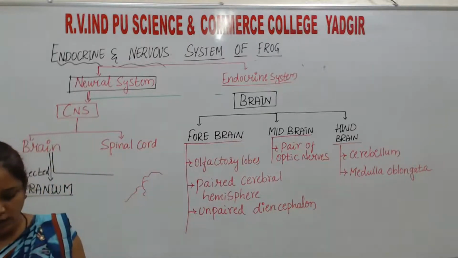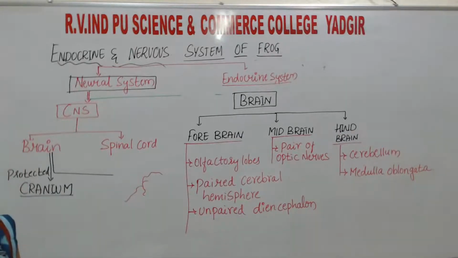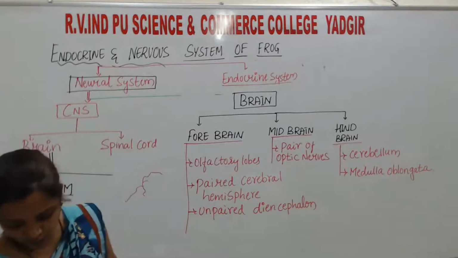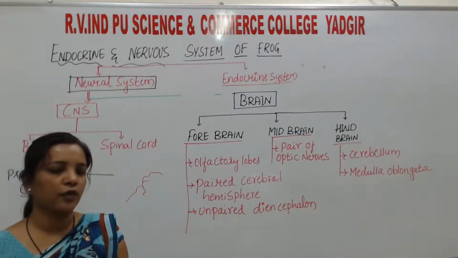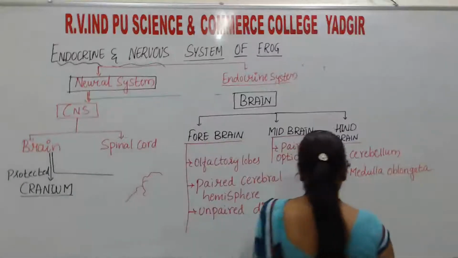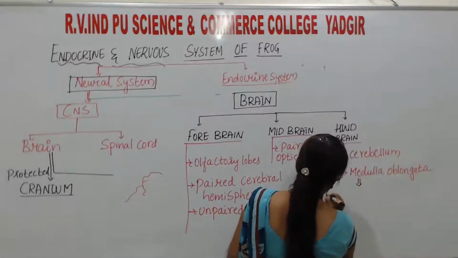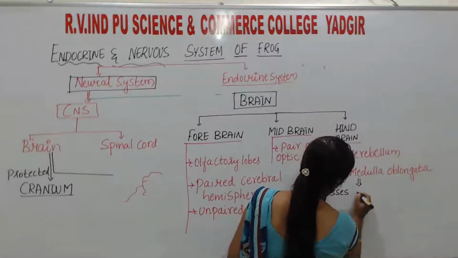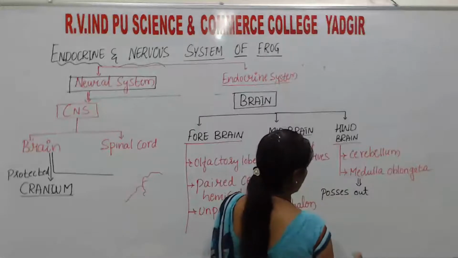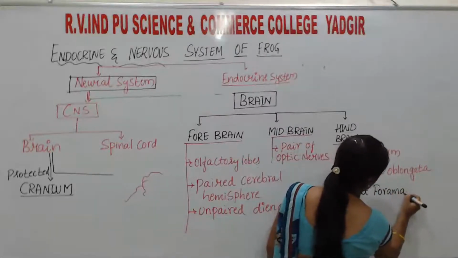Now this medulla oblongata possesses foramen magnum. Okay, they are going to possess out as foramen magnum.